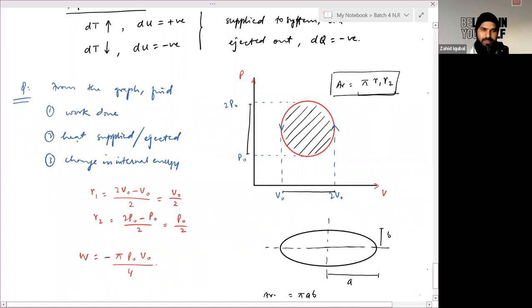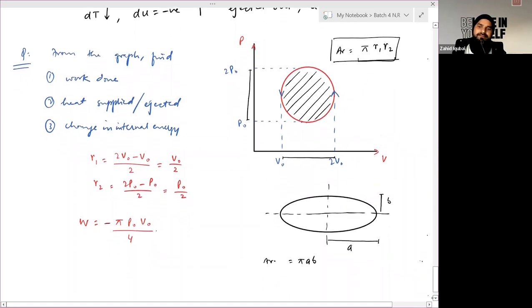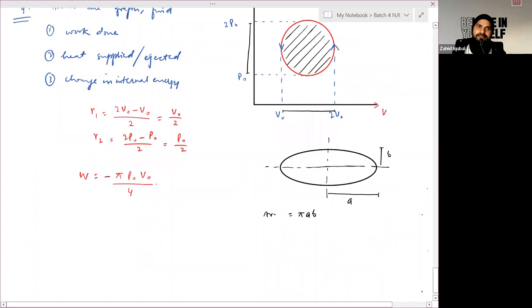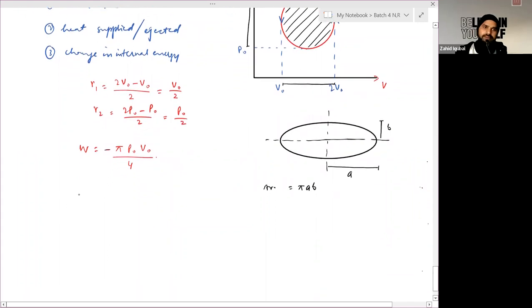So the next part, what will be the heat supplied or ejected related to this process? Just use the first law: dq equals du plus dw.